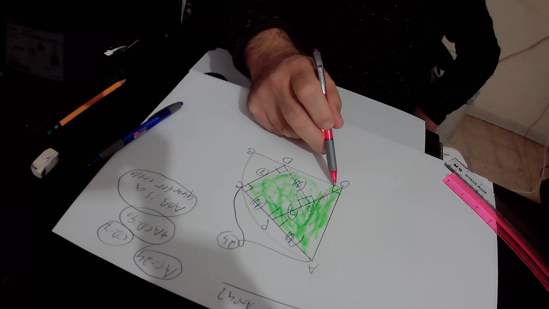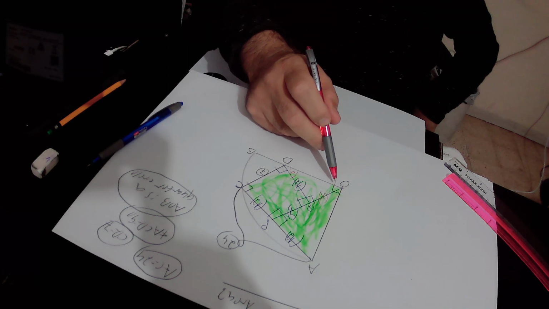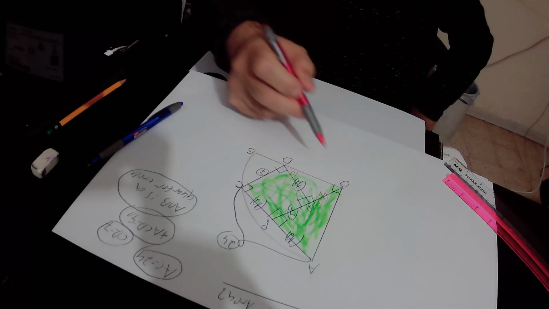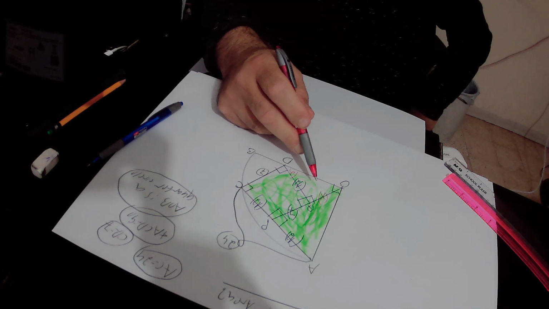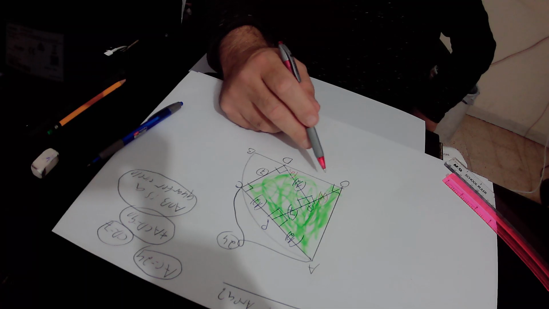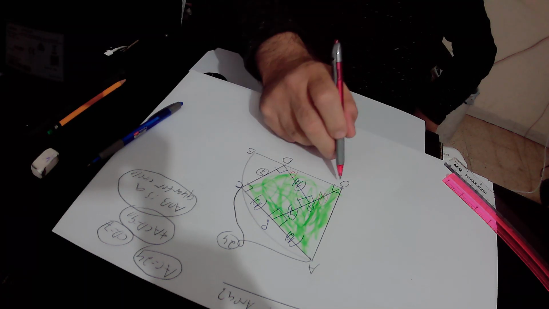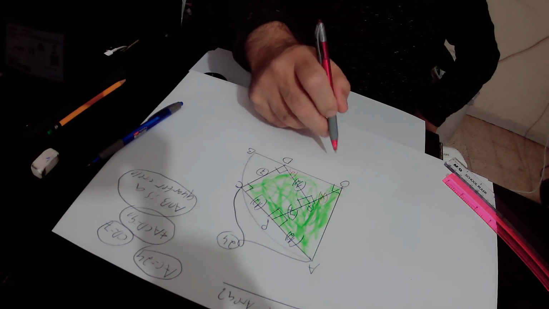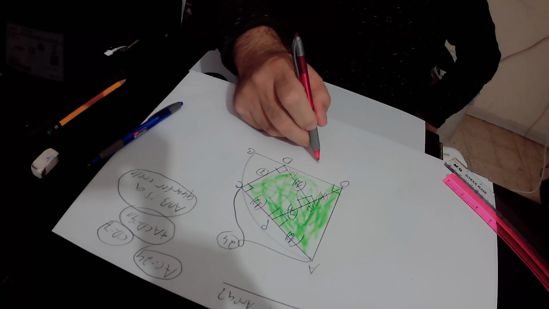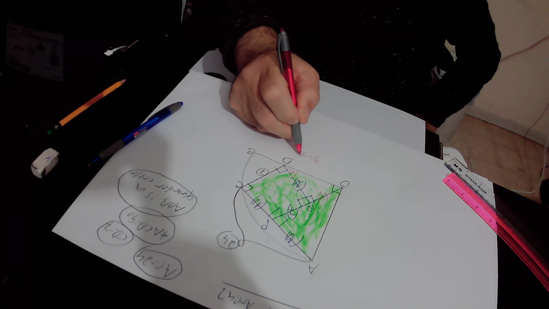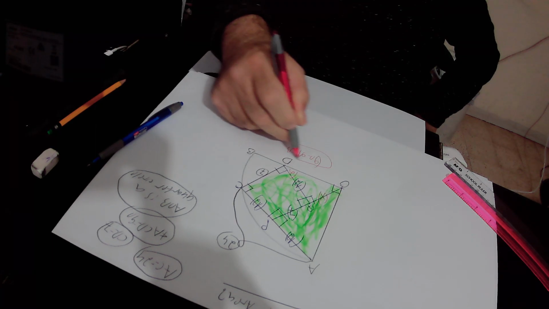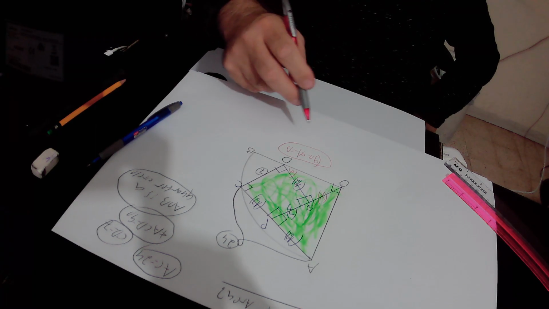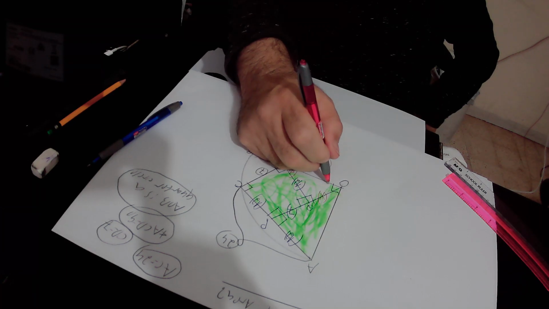Therefore, the missing angle here must be equal to 90 degrees minus alpha. Why? Because 90 degrees minus alpha plus alpha is 90 degrees, and 90 degrees plus 90 degrees is 180 degrees, the sum of the angles in any triangle. So this angle equals 90 degrees minus alpha. We define 90 degrees minus alpha as beta. Therefore, this angle will be equal to beta.